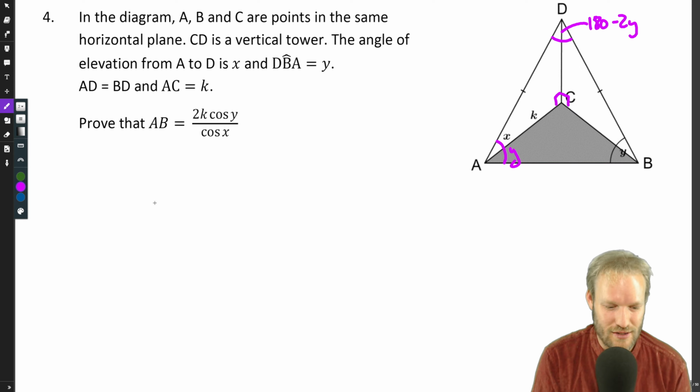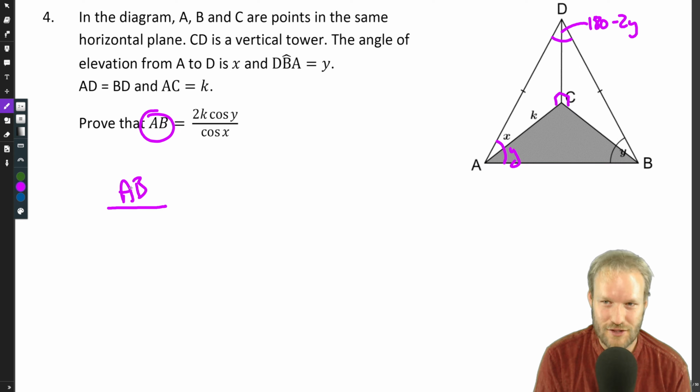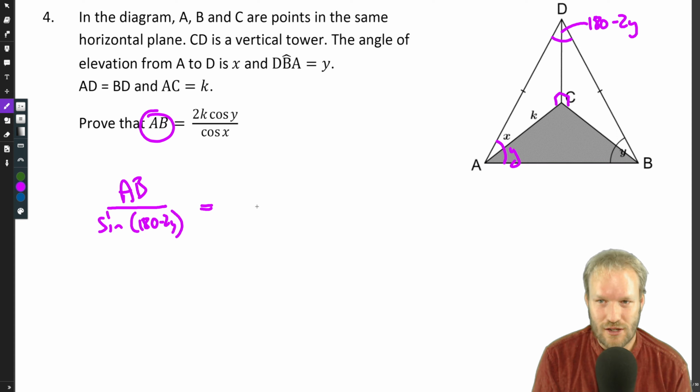So let's set something up here and go in any order, because I don't quite know where we're going. AB was the subject of the formula, so I'm going to put that top left: AB over sine of the angle opposite, 180 minus 2y, equals, pick another side because it's an isosceles triangle.